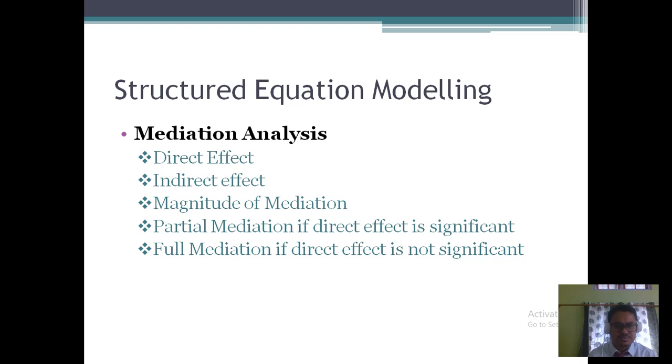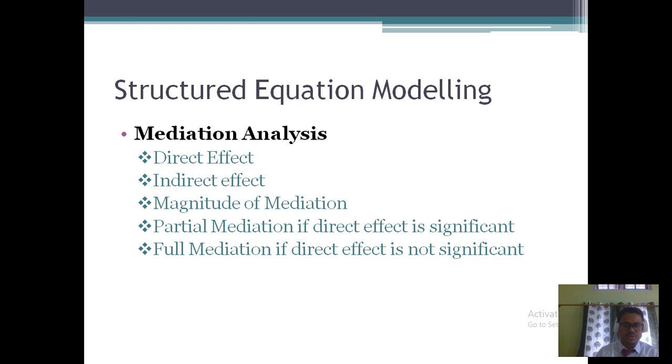So in terms of there is a direct indirect impact, the magnitude of mediation can be measured through structural equation modeling. Considering the previous examples of purchase intention and brand equity, if there is a relationship between these two variables, and if there is a third variable which is impacting the relationship between these two variables, and there is a variation in the relationship, then it is known as a mediation variable.